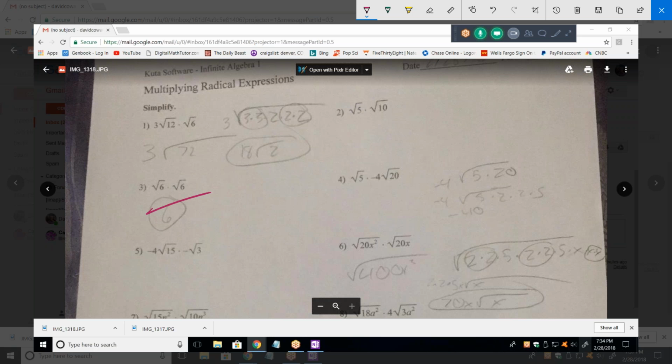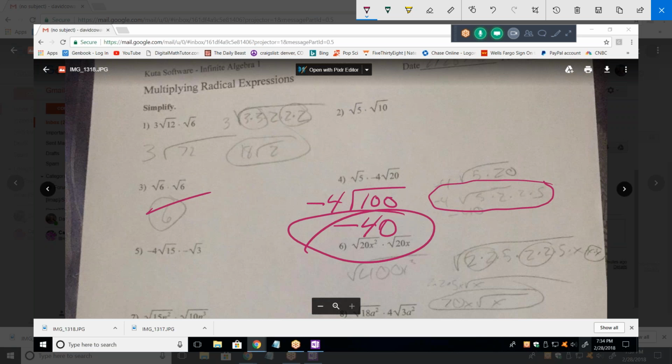You know, I see all this over here, and again, that's not going to be your shortest method. Your shortest method is going to be to multiply those two numbers together. What's 5 times 20? 100. What's the square root of 100? 10. 2 steps.